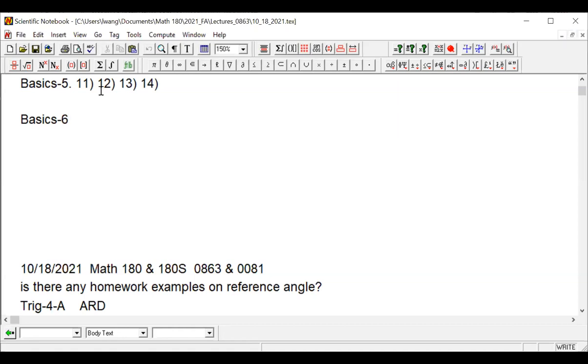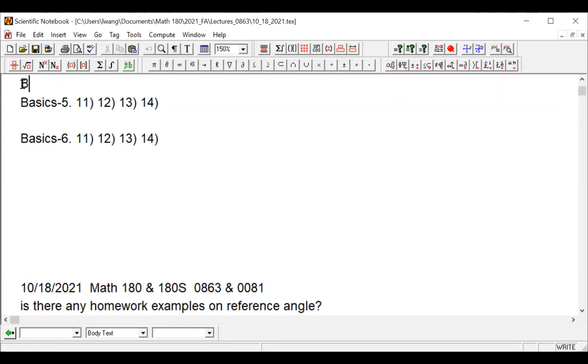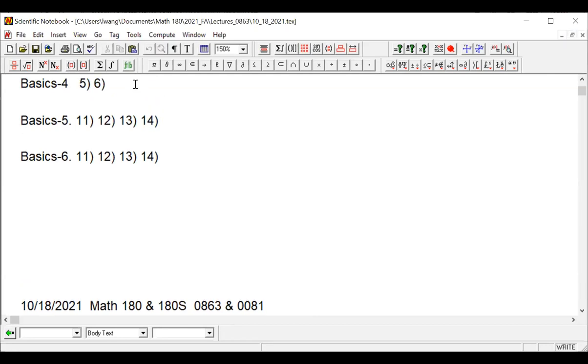Basic 6, 11, 12, 13, 14. And no one asked basics 4, number 4, 5, 6, and number 5 and 6. How come? You guys have no questions about these problems?